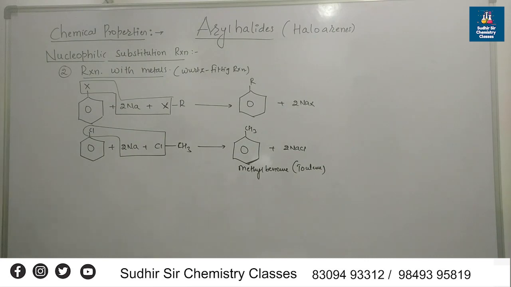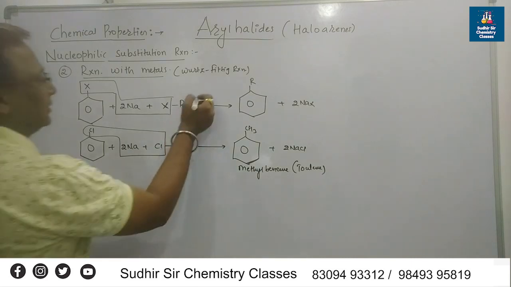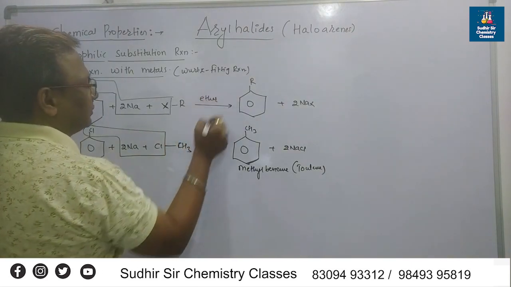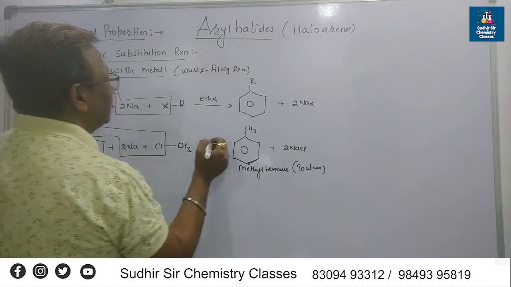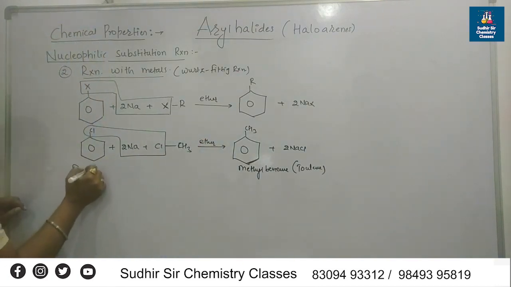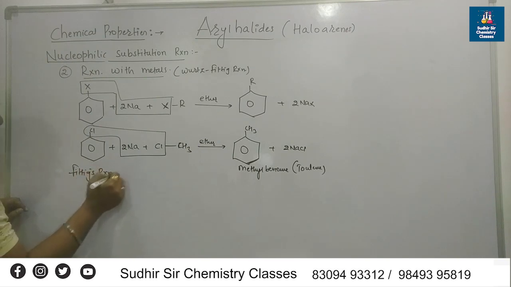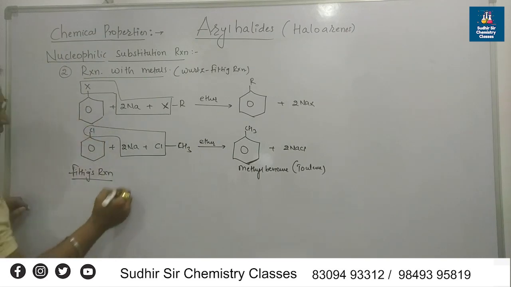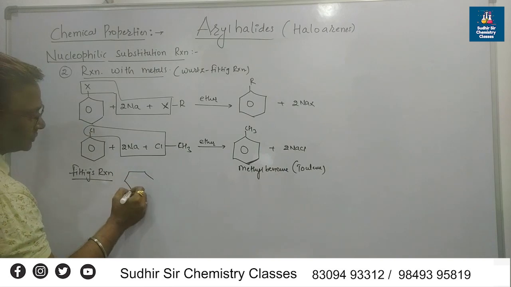Next one is again we can treat it in presence of ether, the medium should be there. This reaction must occur in presence of what? Ether. But one more reaction we can write, and it will be called Fittig's reaction. But in Fittig reaction, even this aryl halide is there, it should be 2 moles.